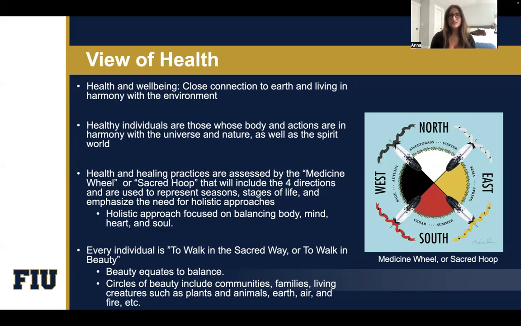Health and healing practices are generally assessed by the medicine wheel or sacred hoop. There are a few different names for it depending on the tribe, and you can see that on the right. It includes 4 different directions: north, east, south, and west. Those can be used to represent seasons, stages of life, and ultimately to show the importance of holistic approaches and of balancing body, mind, heart, and soul when healing.